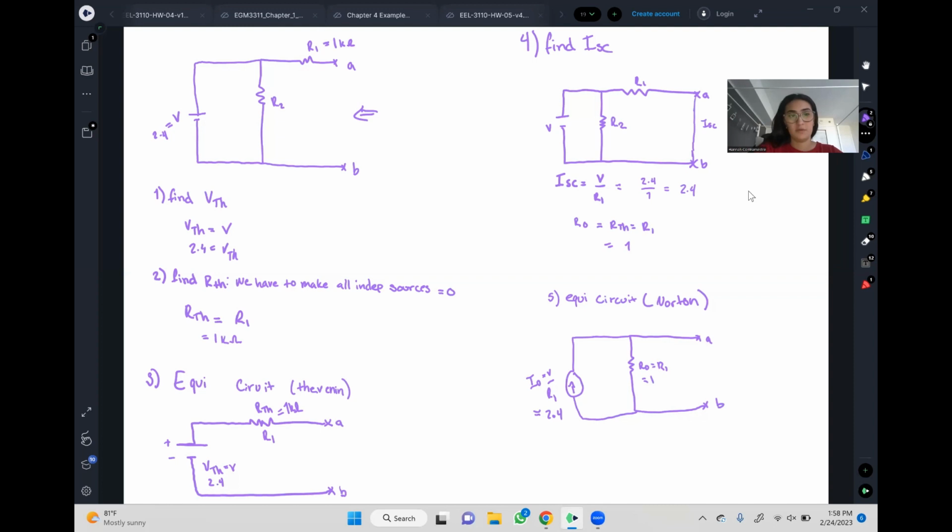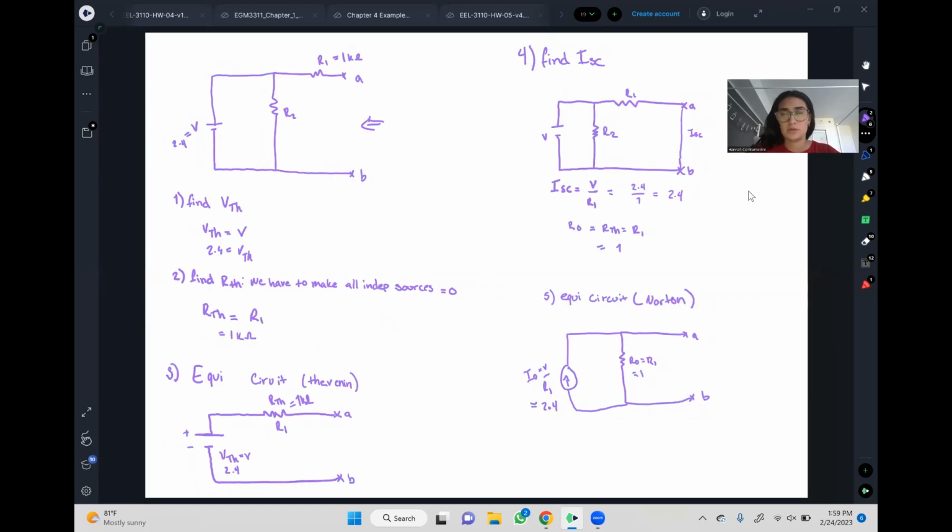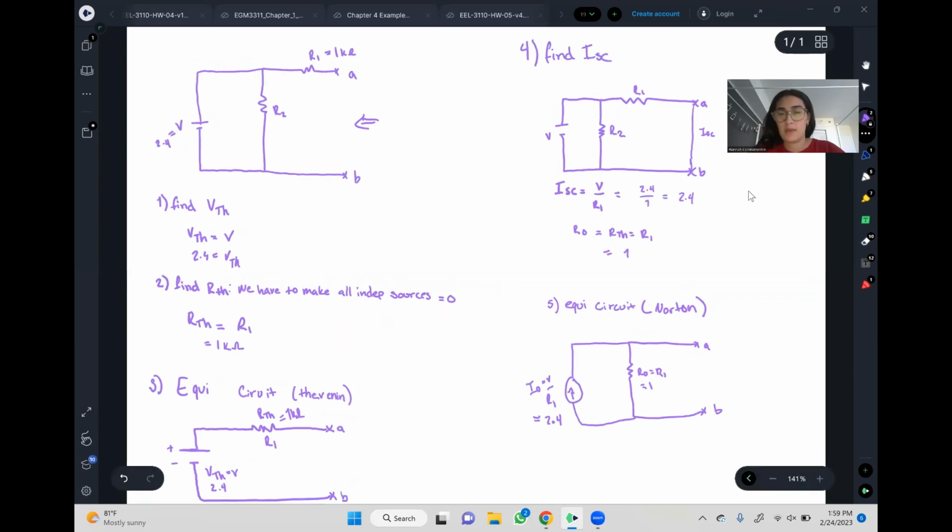And then we have to find our short circuit current. So we get our original circuit, and then we make that equal to the voltage divided by the R1 with resistor 1, which would be 2.4 over 1, which is equal to 2.4.